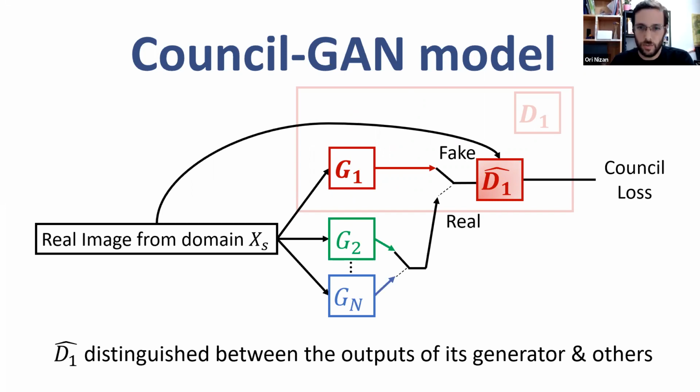The generator that tries to fool the discriminator will try to produce images that are similar to the other generators in the council. This is how the council loss works. In order to produce such images across the entire domain, they need to coordinate and agree on common output traits. Because the only thing in common between all of them is their input, they should reach an agreement based on it. In other words, there are many ways to produce a random output, but only a few that are related to the input. This small space of agreeable images will minimize the council loss. This is why the output should share common traits with the input.